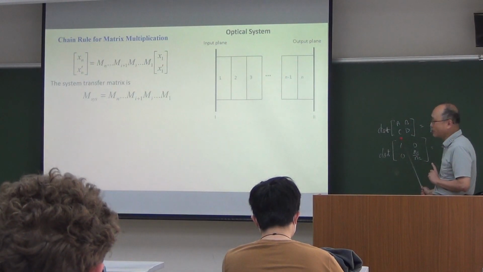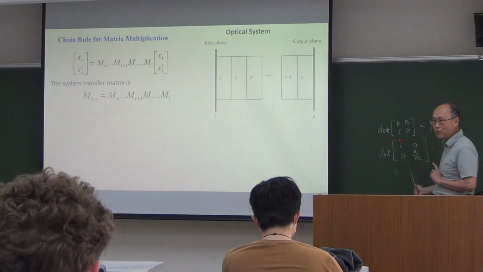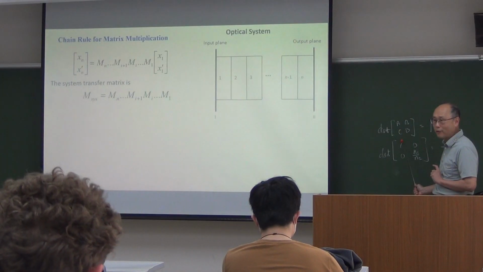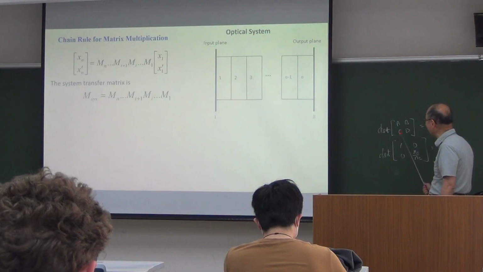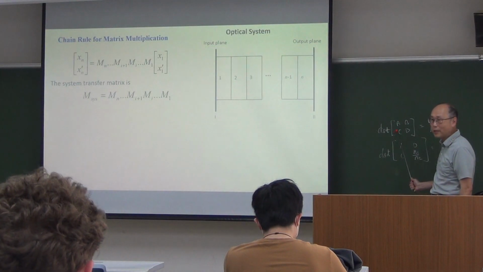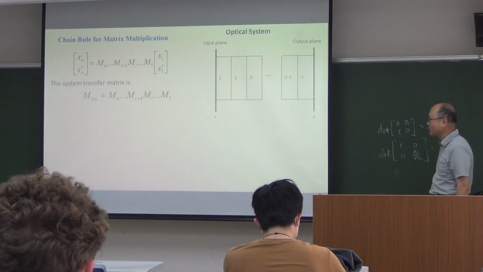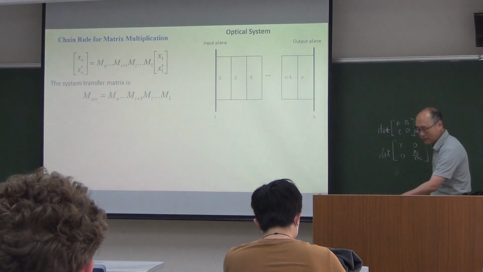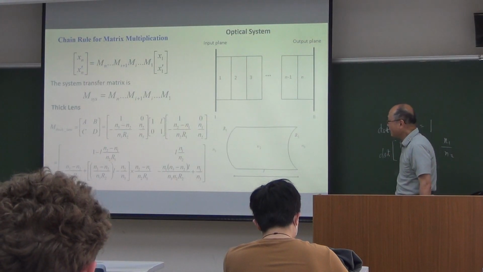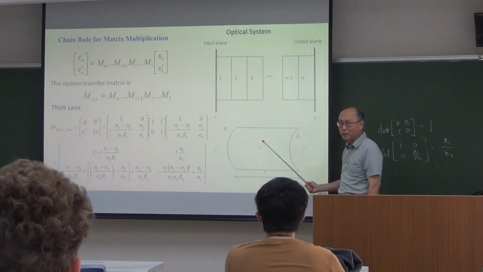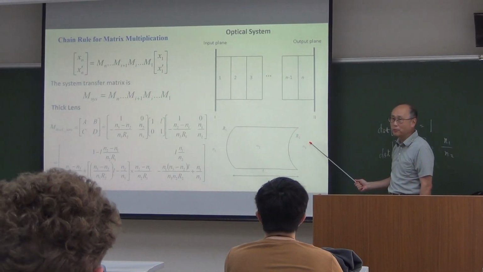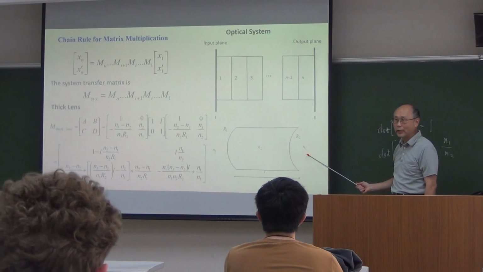Okay, not just put the numbers or the formulas into a computer and get something, but we need to be intelligent enough to understand the physical meaning of A, B, C, D, so that we understand the optical system. Okay, so if we have a thick lens, you have the first material, second material, and perhaps you have the third material. So this is the general case.